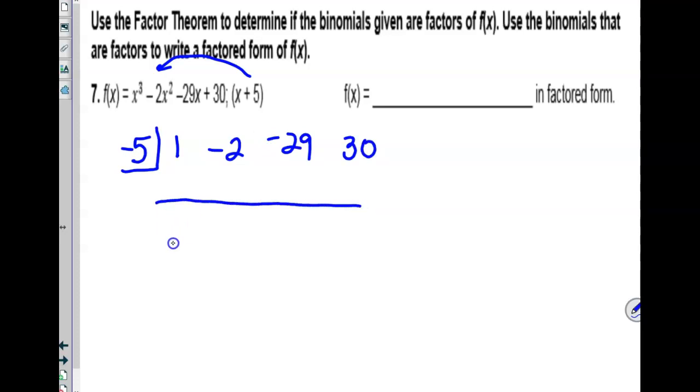Okay, do the synthetic division. I'd feel better if I saw everybody's pencil moving. Number 7. We were given that it's a factor, I think, so it should come out 0. Did everybody get it to come out 0?